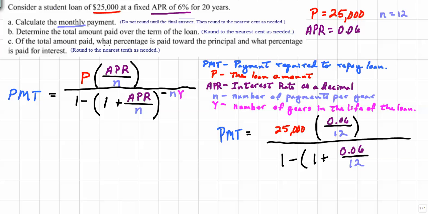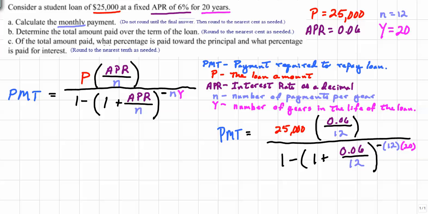Then we close those parentheses, and we're going to have an exponent, which is negative N, which once again we know is 12. So we're going to have negative 12, and we're going to multiply that by Y, the number of years in the life of the loan. The life of the loan is going to be 20 years, so Y is equal to 20. Then we'll put that right there.